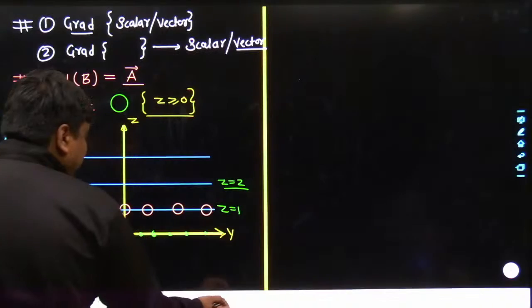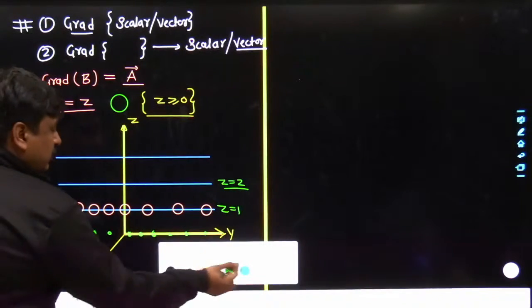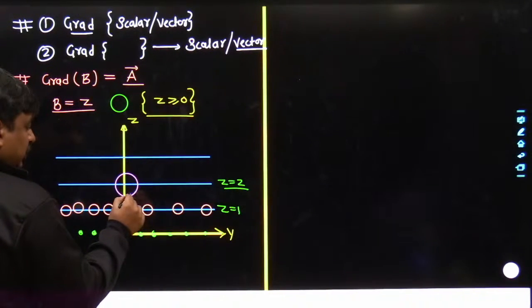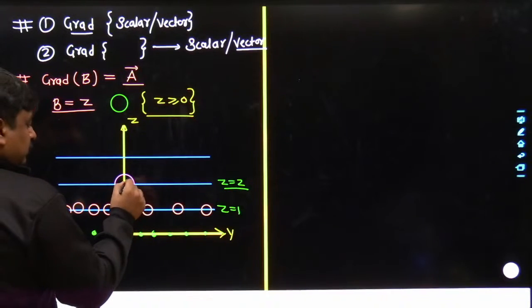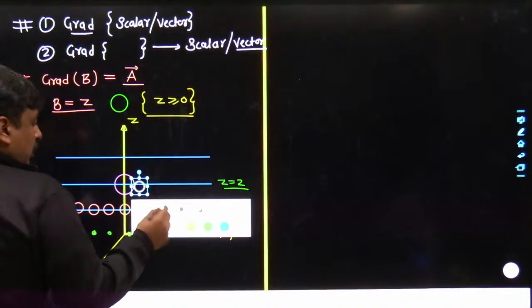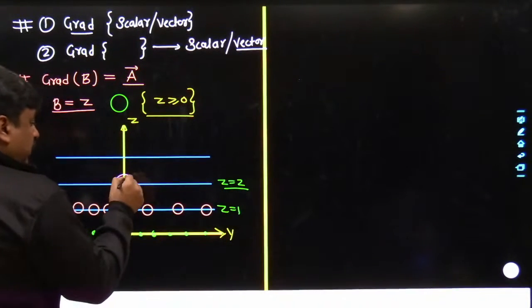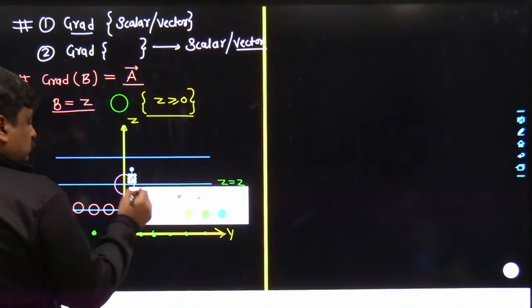Now what would be the case if I reach over here? Now the radius of the circle would increase a bit.